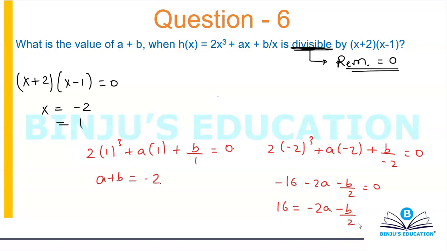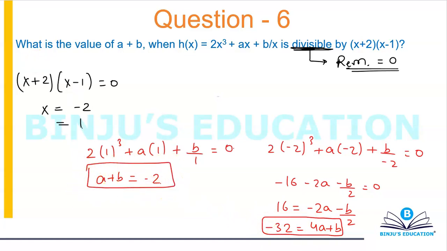Okay, so what can I do? I can take the LCM and this will become negative 32 is equal to 4a plus b. So one equation is this, one equation is this. Let's name the equations also. This is 1 and let's call this 2.